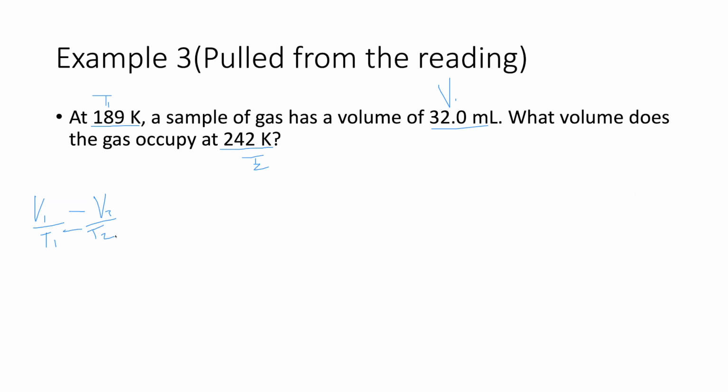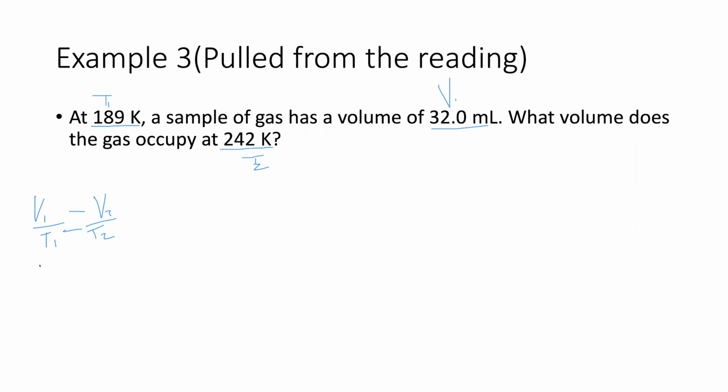Looks ugly, but it is what it is. So we have V1 over T1 equals V2 over T2. We've listed out our variables. 189 is T1, 32 is going to be V1, and then our 242 is going to be T2.